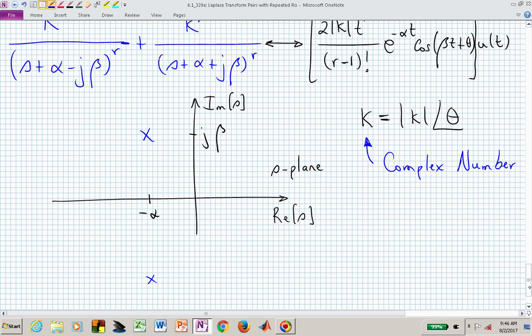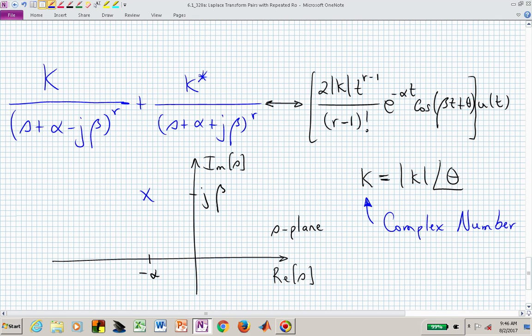But we are interested in writing this expression such that k here is associated with this particular pole, and this particular pole is associated with that factor, because if you now look at solving that factor or setting that factor equal to 0, you will see that s is equal to minus alpha plus j beta.